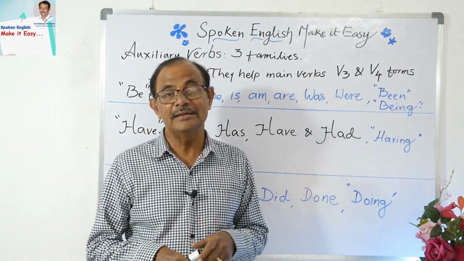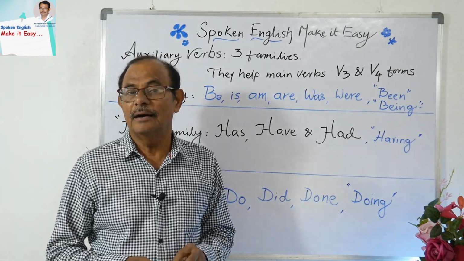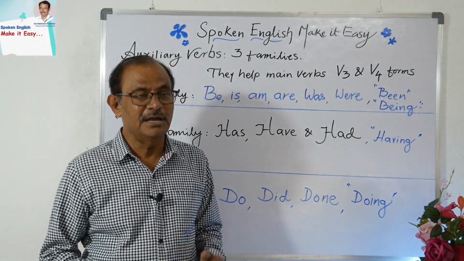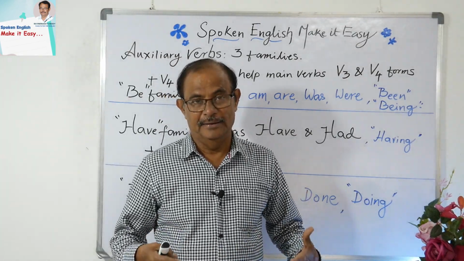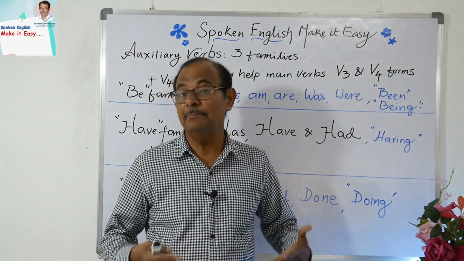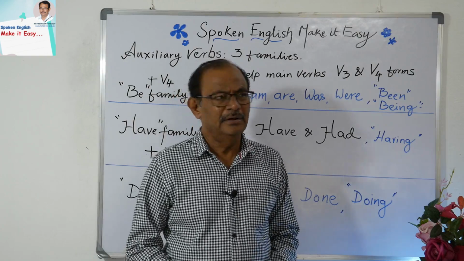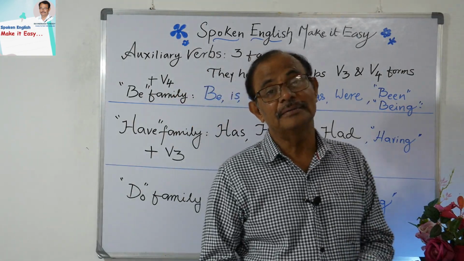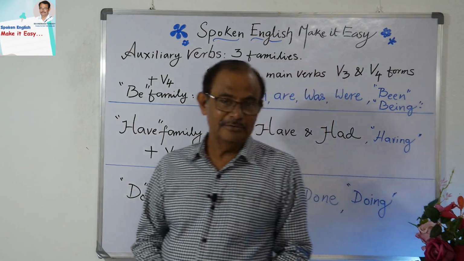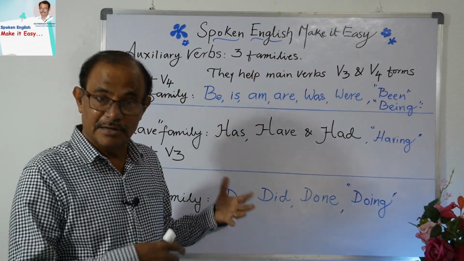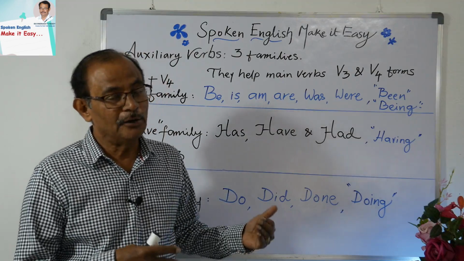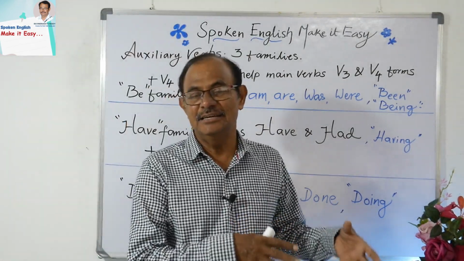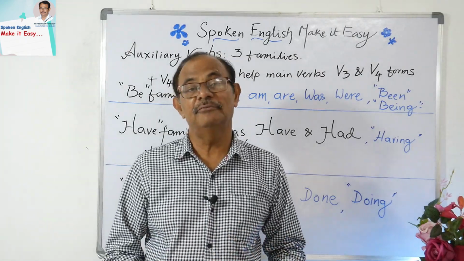The auxiliaries are very important verbs in English, and they help. The meaning of auxiliary is helping. So what type of help can they give? That is a good question. There are 3 families basically, and all these auxiliaries generally help the main verb.